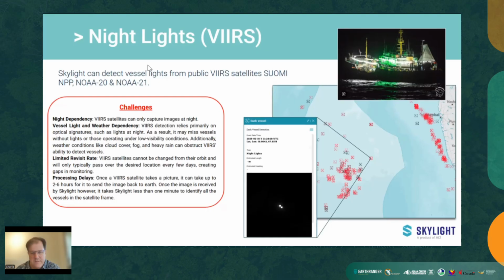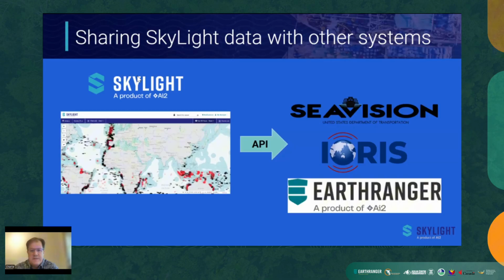And when it does correlate to AIS, there is a recommendation of a correlation. So as I mentioned in the beginning, the Skylight data is shared into EarthRanger. So those that are using EarthRanger and have a maritime area that they're interested in can get that feed of events into their EarthRanger profile. And that's usually good enough for the level of work that you're doing.